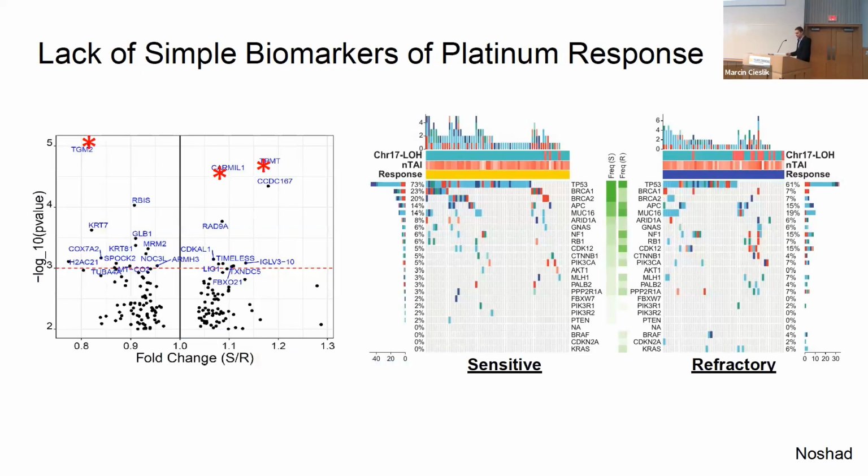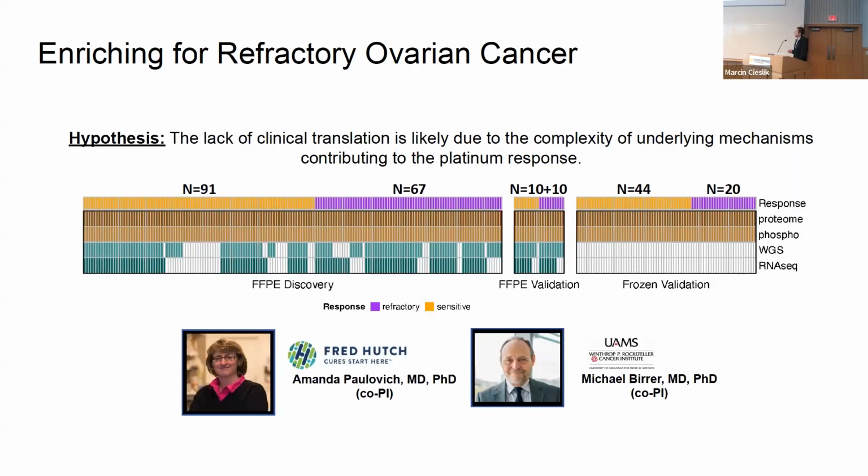So this cohort, I should add, is very unique because it has been sourced from 3 different institutions from pathological archive. That means that most of the specimens that were used for this molecular profiling were actually FFPE, formalin fixed paraffin embedded.